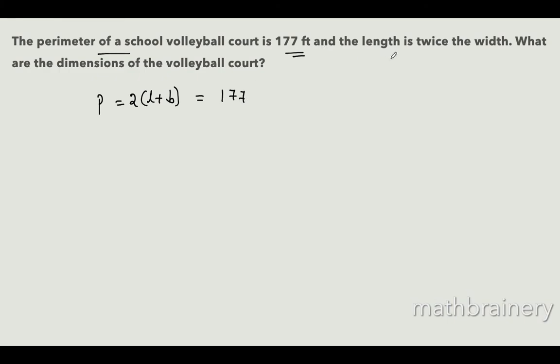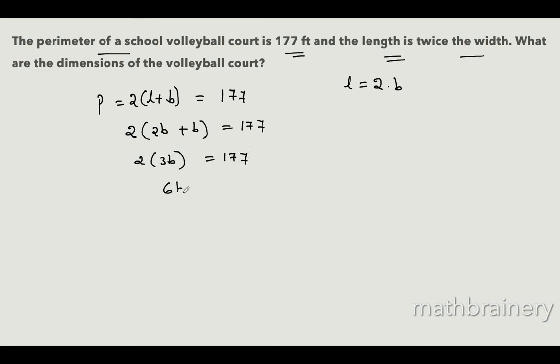Now what is given? The condition is length is twice the width. Length is 2 times the width, that is 2 times breadth or width, both mean the same. So let's substitute this in this. You have 2B plus B, multiplied by 2, is equal to 177. When we simplify this, you have 2 times 3B is equal to 177, 6B is equal to 177.